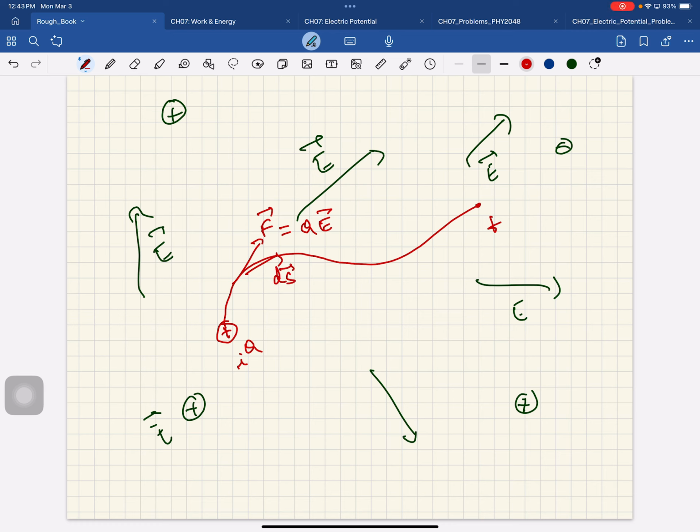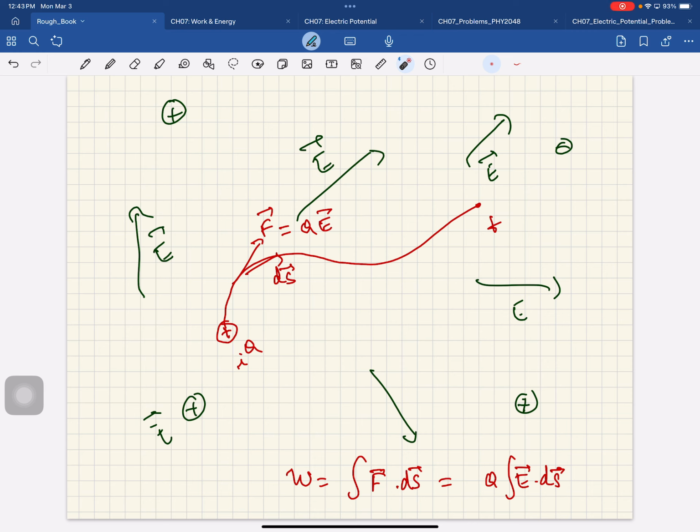So the work done is this line integral, the same as before, except that the force is Q times E. That's how you would calculate the work done by this electric field on this charge when it moves from here to there.